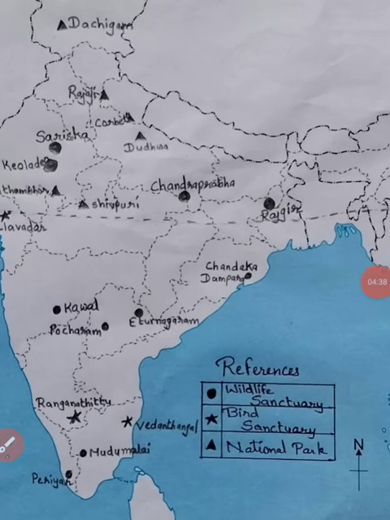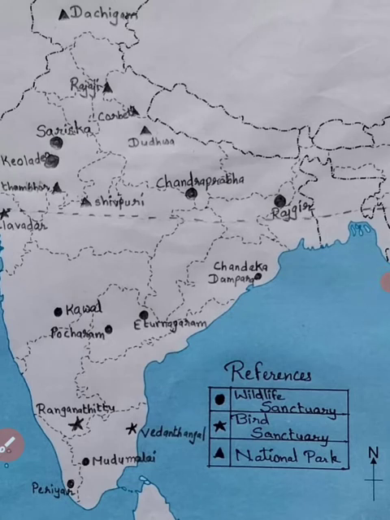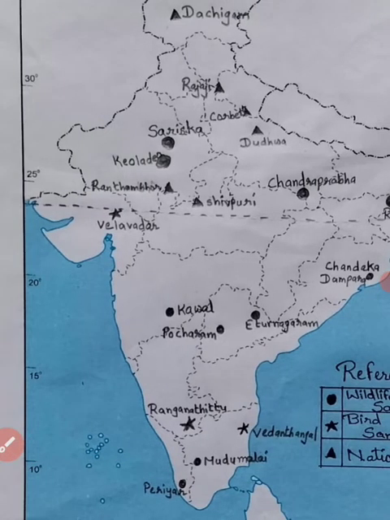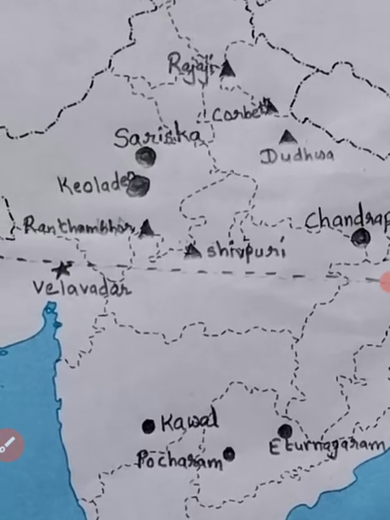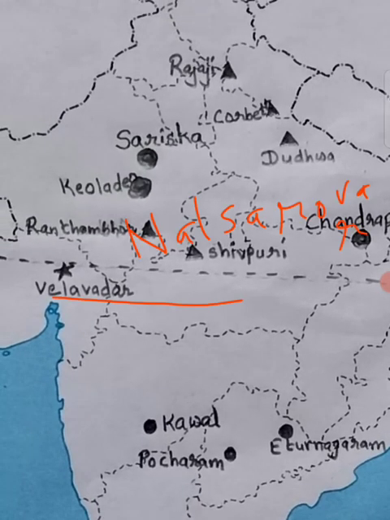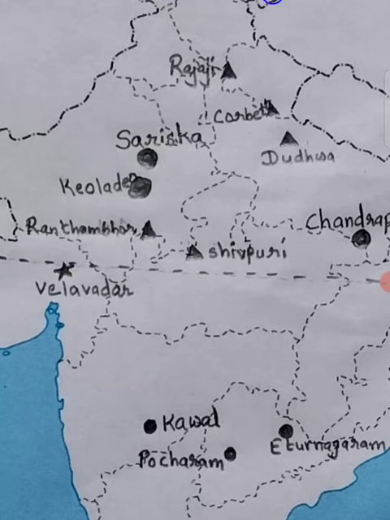Now see the next one, that is national parks. Which national parks do we have to find out? That is on the almost north side. Here you can see easily: Dachigam, then Rajaji, then Corbett, Dudhwa, Shivpuri and Ranthambore.